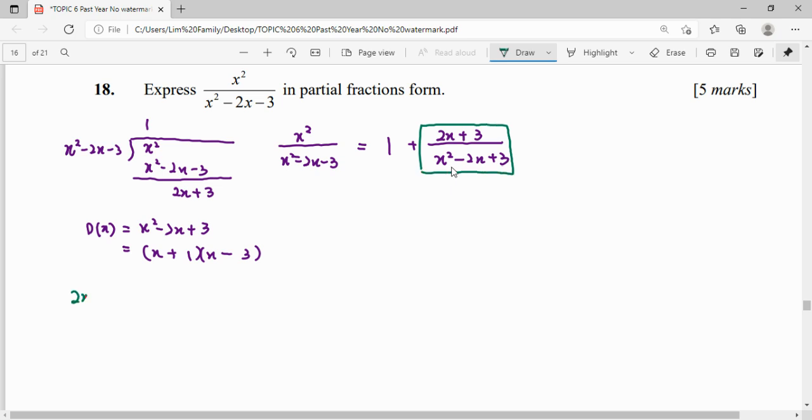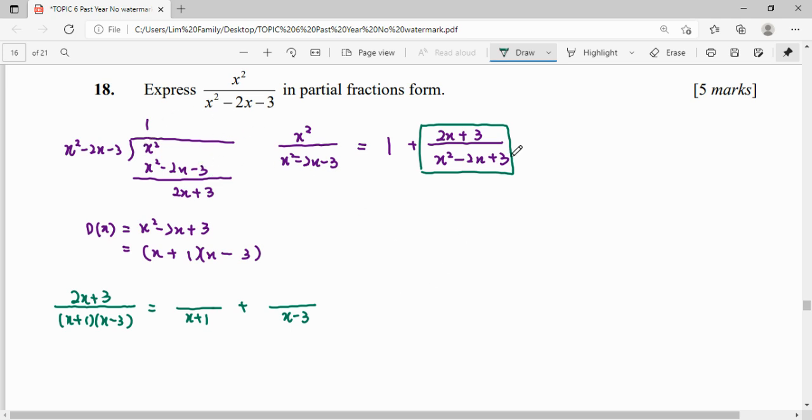We make sure we use its factors, x plus 1 and x minus 3, in order to split out our partial fractions. So one factor is x plus 1, another factor is x minus 3. That will be our steps for doing partial fractions.